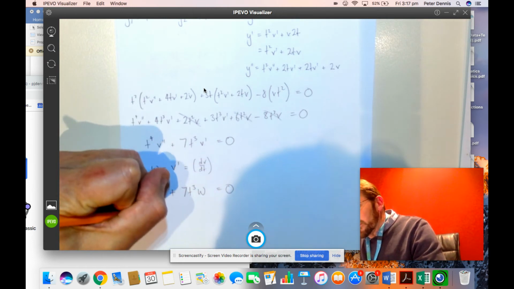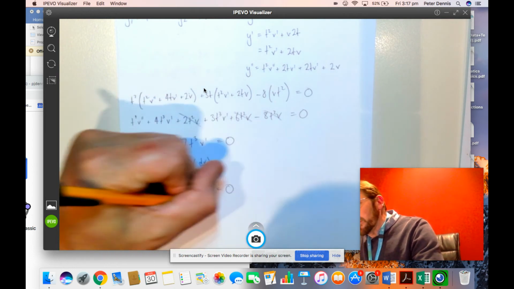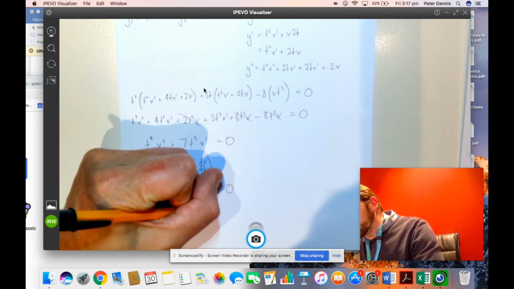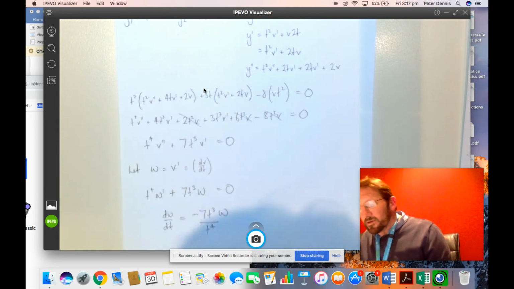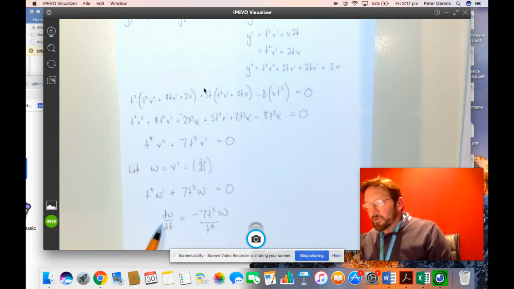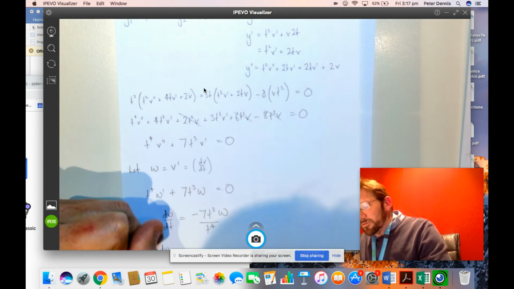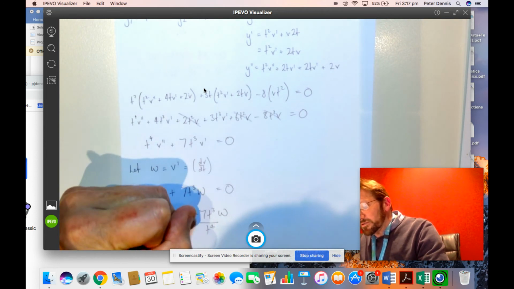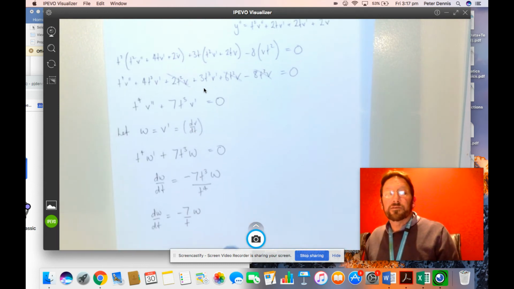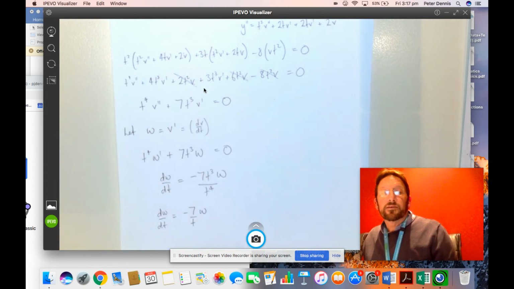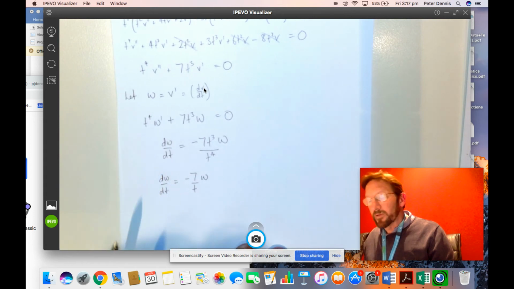Remember, this is dw/dt equals, if we take this over, minus 7t cubed w, and let's divide it by t to the power of 4. So we've made it a little bit simpler. We have dw/dt equals minus 7 over t times w, and this is a nice separable equation.